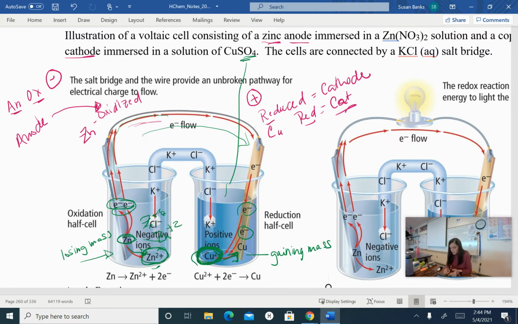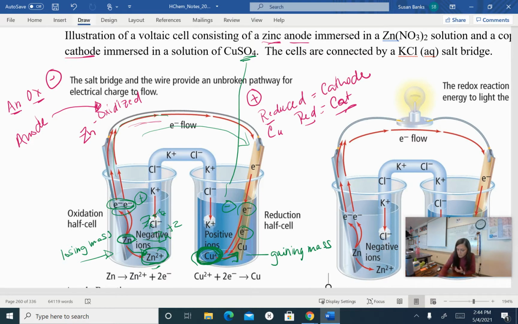Okay, so we get a buildup of negatives here, and we get a buildup of positives over here as these electrons flow. So if we keep getting these buildups, are these electrons going to keep flowing? Are electrons going to want to leave a positively charged thing and go to a negatively charged thing? No. Opposites attract.